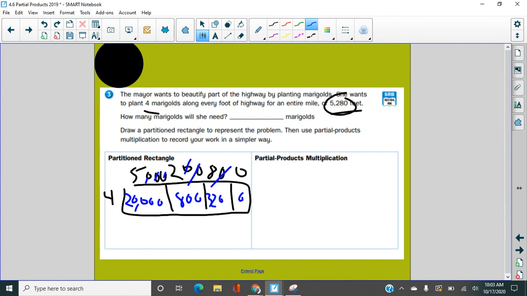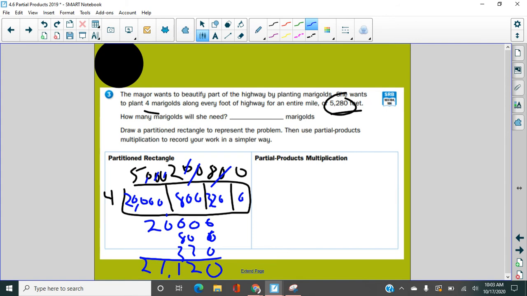So now I'm going to add those up. 20,000, 800. See, I'm lining up the place values. And 300, these are all zeros. I know they kind of look like sixes. Hard to write on here sometimes. 2, 1, carry the 1, 21,120.